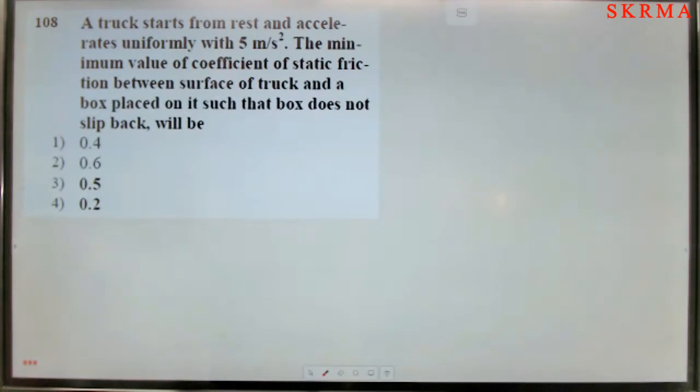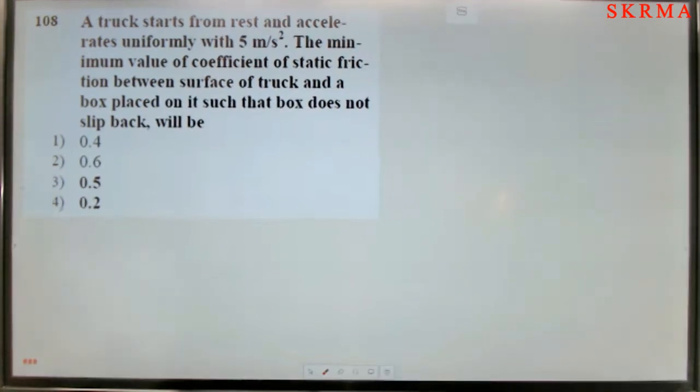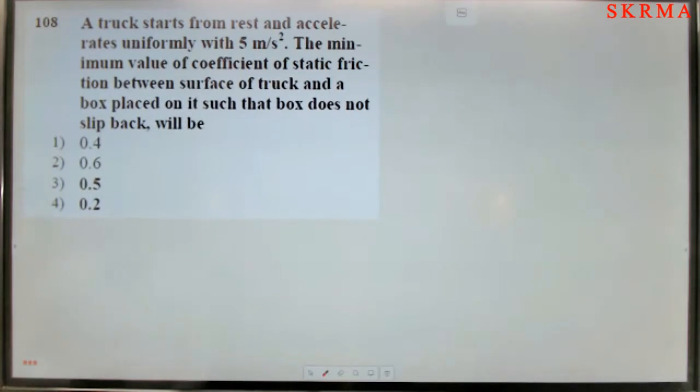Next one. A truck starts from rest and accelerates uniformly with 5 meter per second square. Then what should be the static friction between the surface of the truck and the block placed on it such that the block or box does not slide or slip back? So what is the maximum friction? Maximum friction means the frictional force should be equal to the applied force.